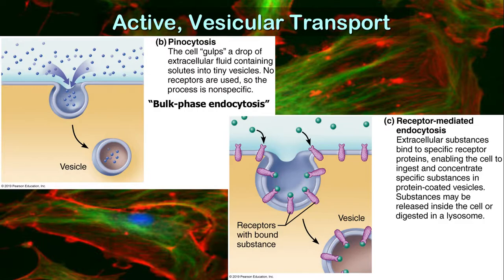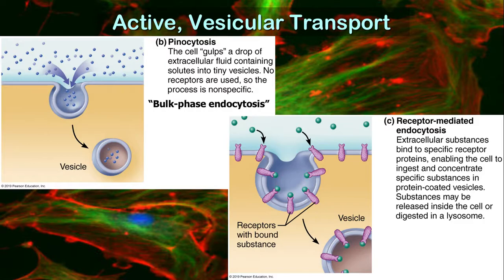An example of this in your body is LDL, or low density lipoprotein, LDL cholesterol. It only enters the cell when it binds to its LDL receptor. So the LDL receptor is on the surface of the cell. Once LDL binds to it, it sucks it up. And now you have a little vesicle with LDL inside of it, inside the cell.